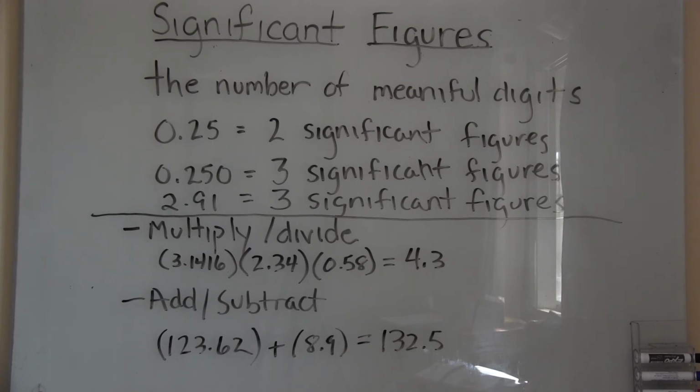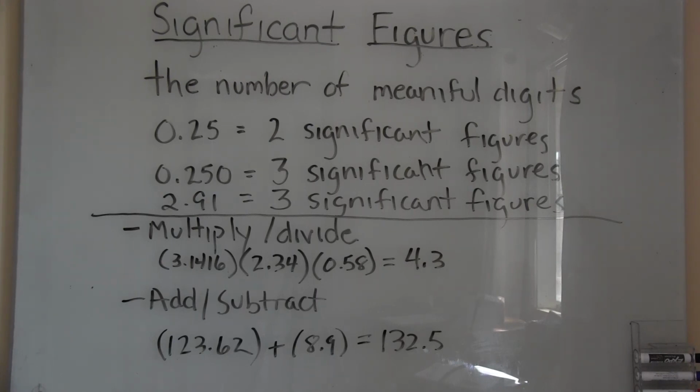When we add or subtract, however, we have to look at the number of significant figures to the right of the decimal point. Our answer can have no more significant figures to the right of the decimal point than our value with the fewest amount of significant figures to the right of the decimal point.